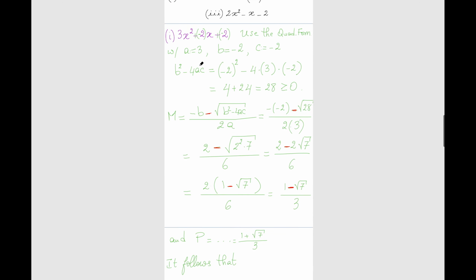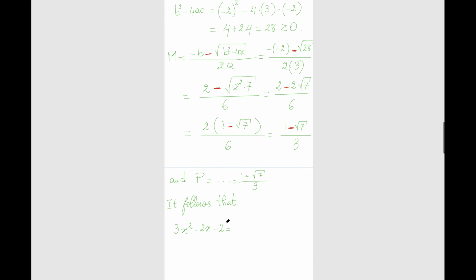It's labeled somewhere here. It's right there. So my A is 3, so it's 3 times x minus the m. And who's the m? It's 1 minus square root of 7 over 3, times x minus the p. And who's the p? It's this guy, correct?